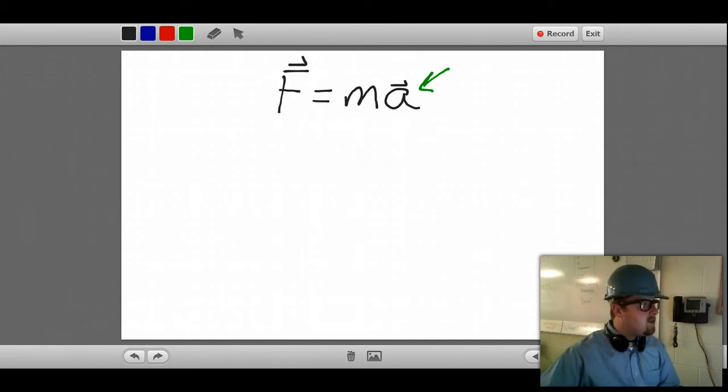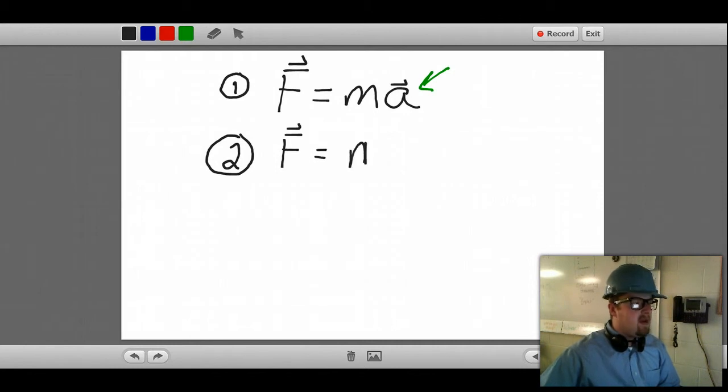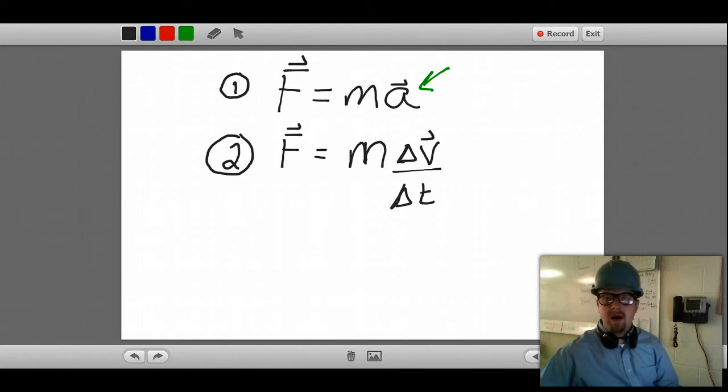This will be our second step: F equals m, but instead of a, I'm going to write delta v over delta t. In essence, this is the definition of average acceleration, a change in velocity over a change in time.